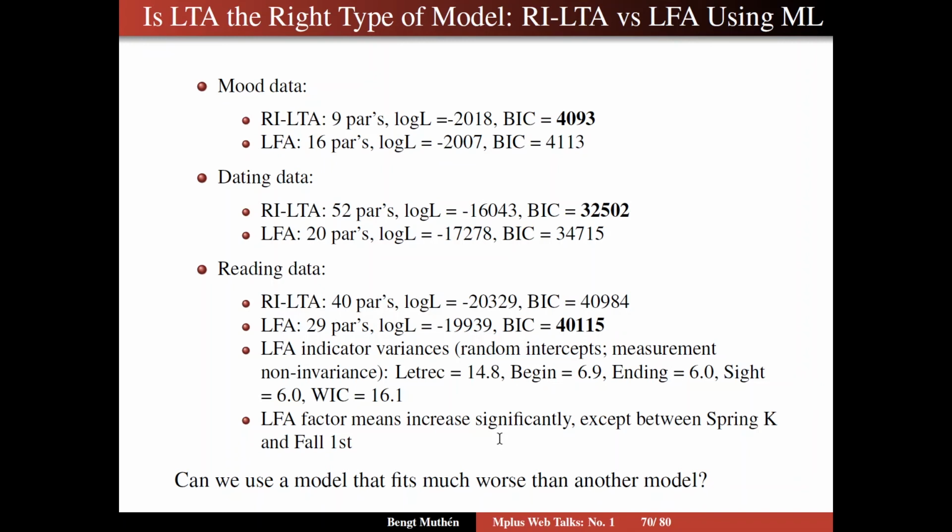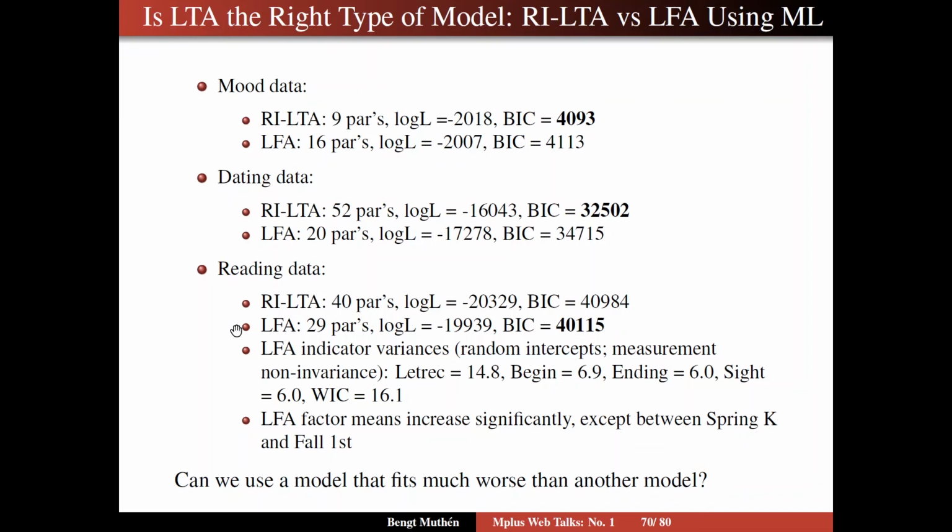So more generally then, this raises an important question. Can we use a model that fits much worse than another model? So that is, can we use, for instance, this reading data RI-LTA when we know that there's a much better model, longitudinal factor analysis?